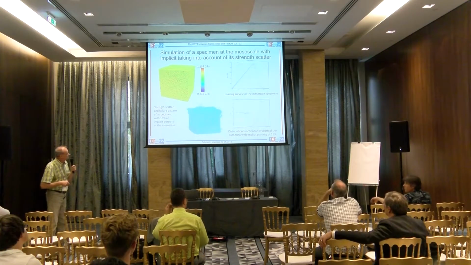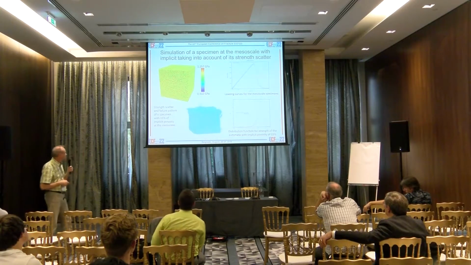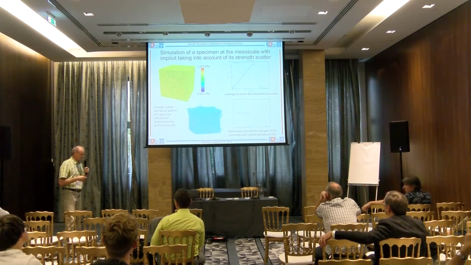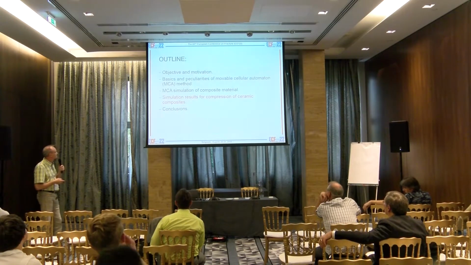And below is the Weibull plot, and the points are the realizations of such specimens. And you can see that the fracture of this specimen is not like a homogeneous material, it is really an inhomogeneous material.